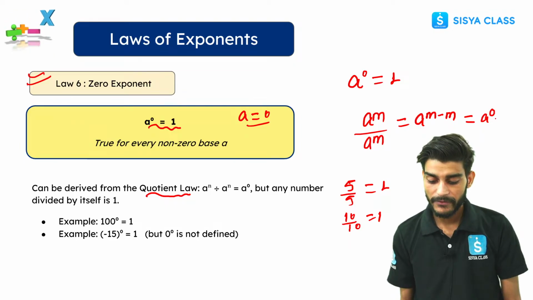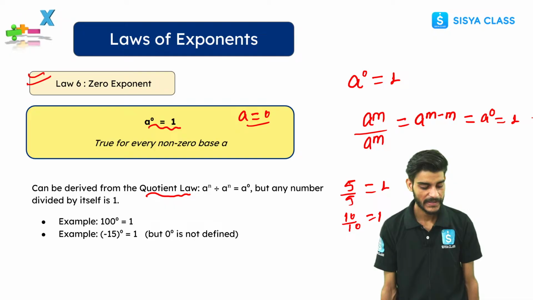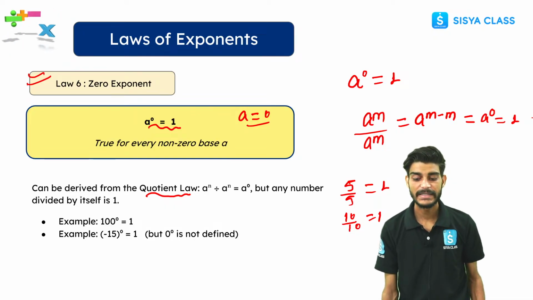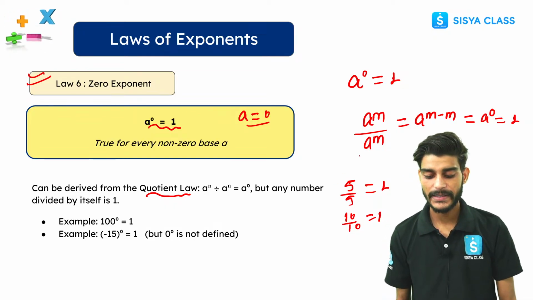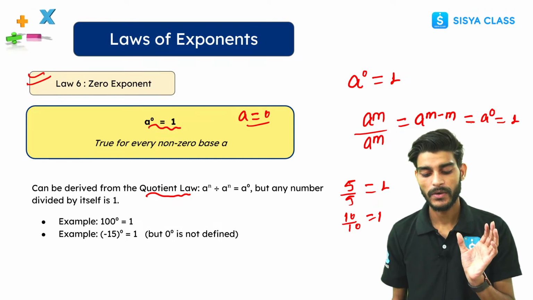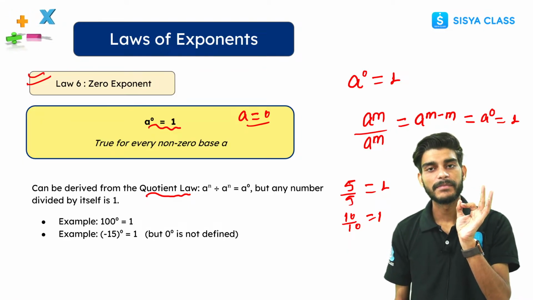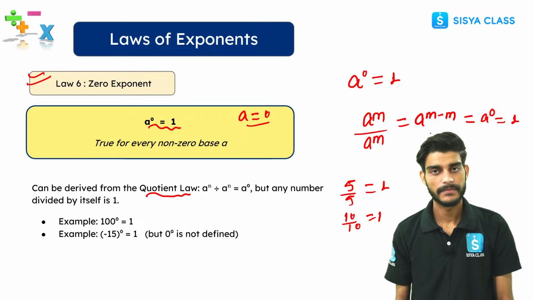That is why I will write A raised to the power 0 equals 1. Clear? This is the reason, because of the quotient law, which says that if you divide with the same number, the value equals 1.